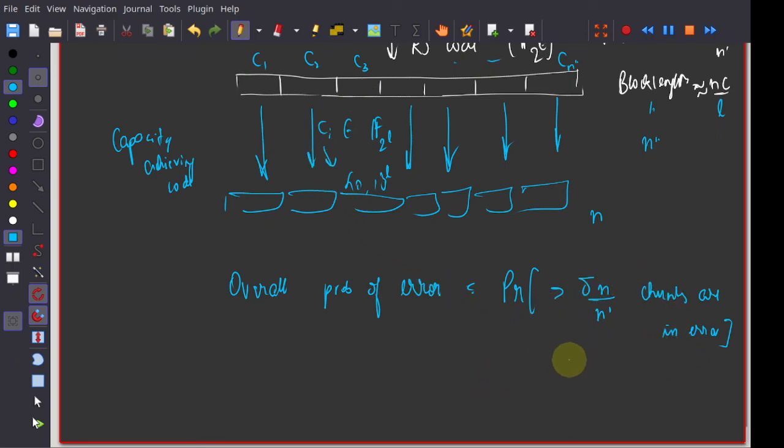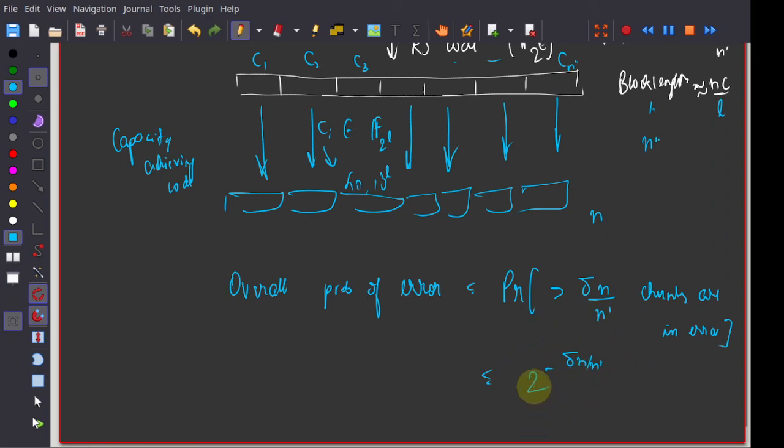But then the probability of this happening is 2 to the minus delta n over n prime. Right? So the probability of error decays exponentially in n.